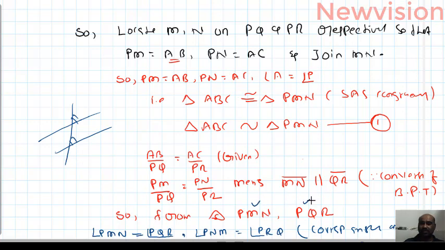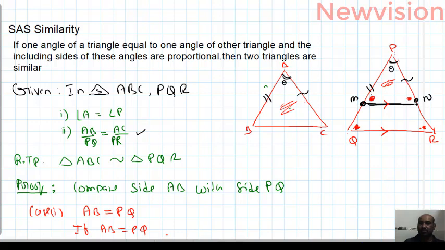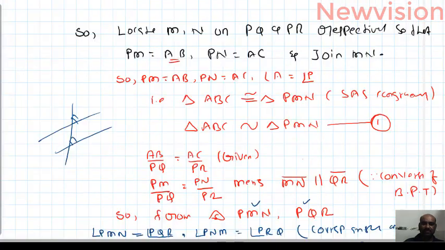What happened in these two triangles? In these two triangles, this angle equal to this and this angle equal to this. Friends, see here, this is triangle PMN and this is triangle PQR. We got this angle equal to this and this angle equal to this. Already this is common, so these two are similar.